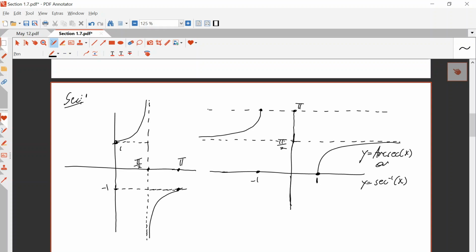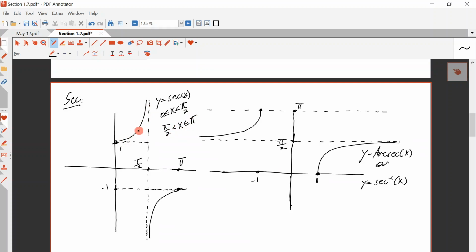Secant. So we restrict y equals secant x to 0 less than or equal to x less than pi over 2, along with pi over 2 strictly less than x less than or equal to pi.